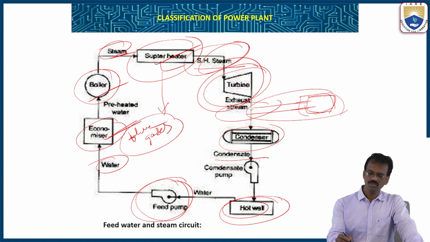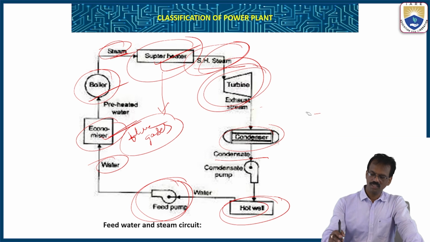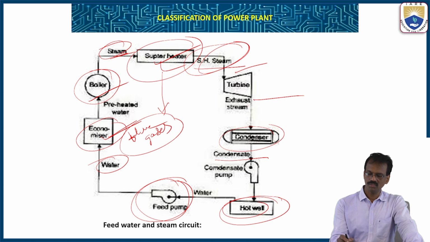So here, heat energy is converted into mechanical energy and then into electrical energy. Then the expanded steam is passed to the condenser.